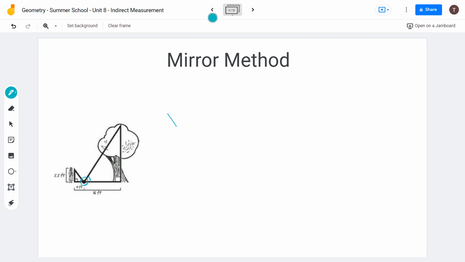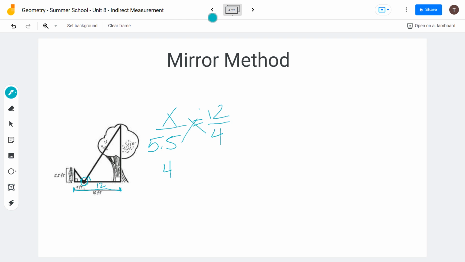But to solve this, I'm looking for the height of the tree. I know the height of the person. Okay, now I think here this whole thing, let's say this whole thing is 16. And again, hopefully it'll be a little bit more obvious in some of the problems. So that means this would be 12, 16 minus 4. So the distance from the object to the mirror is 12. The distance from the person to the mirror is 4.